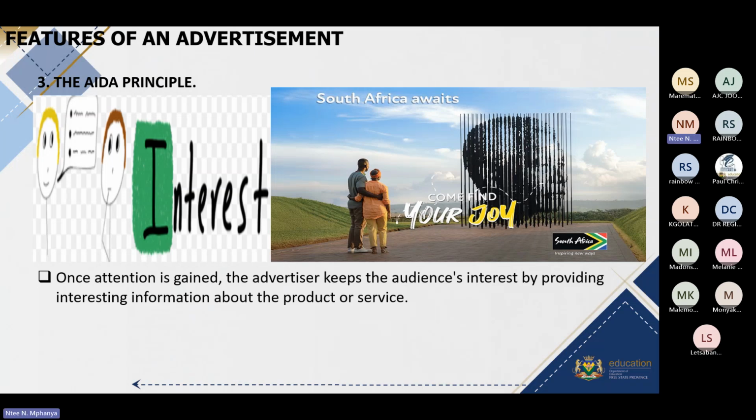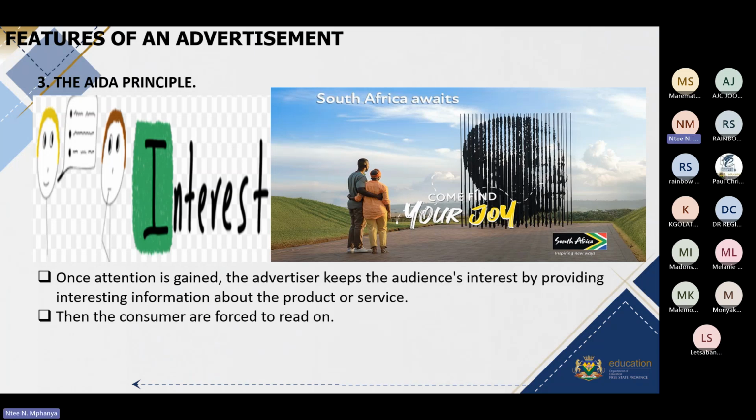Once your attention is gained, the advertiser keeps the audience's interest by providing interesting information about the product or service. Here, Proudly South Africa promotes tourism. They've used the image of Nelson Mandela and two couples embracing each other and looking very interestedly at this picture or the statue.